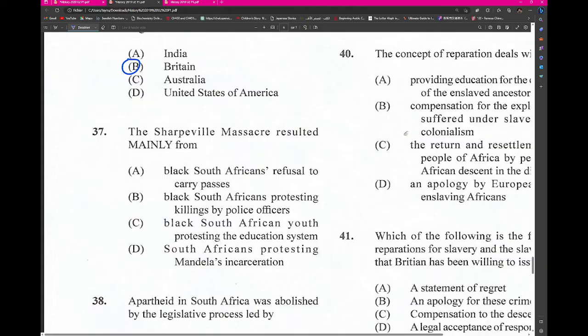So what was responsible for this? They were oppressed by the pass laws. So that was one of the reasons here. So let me see. It was A.